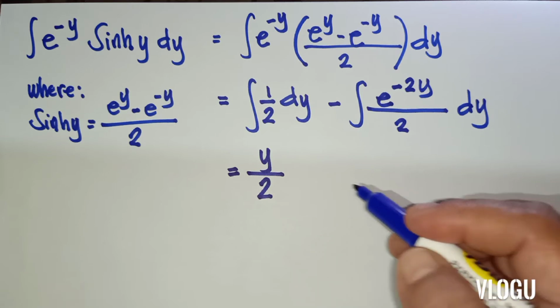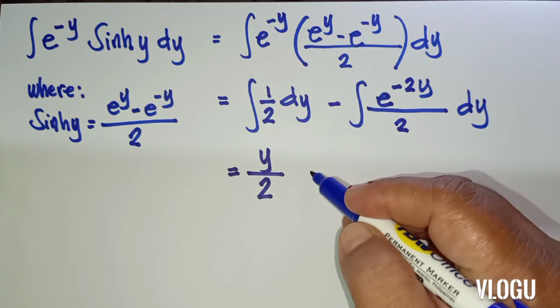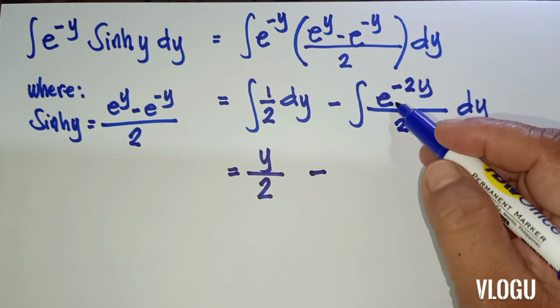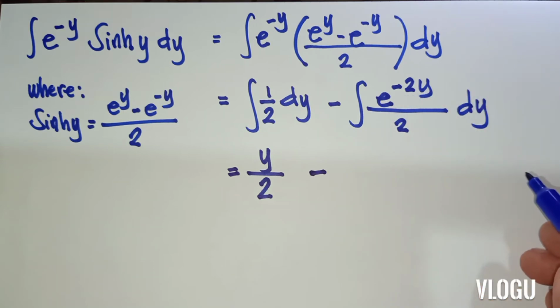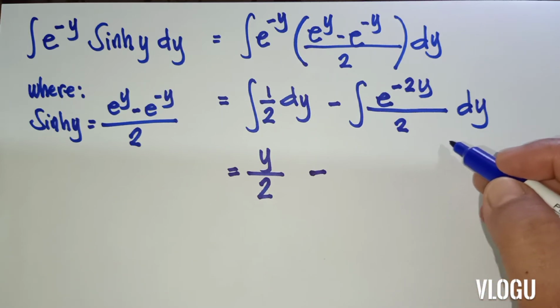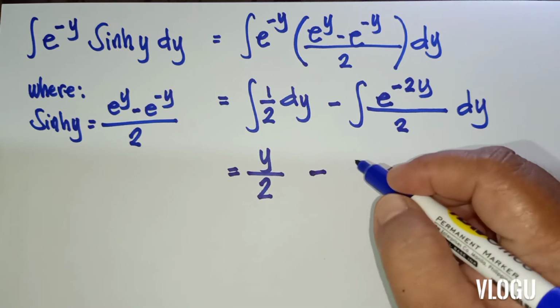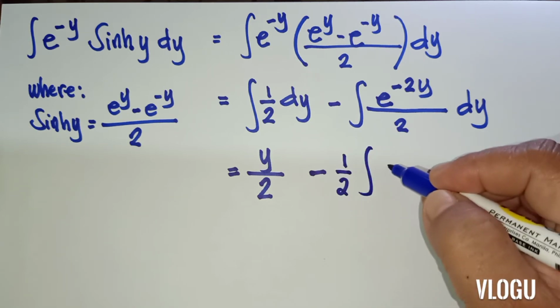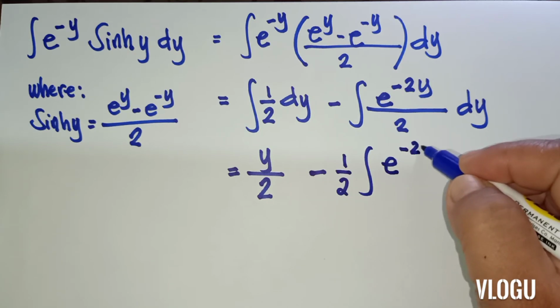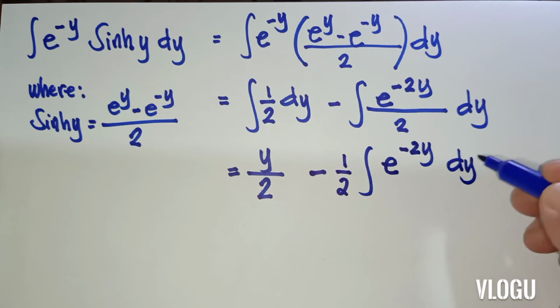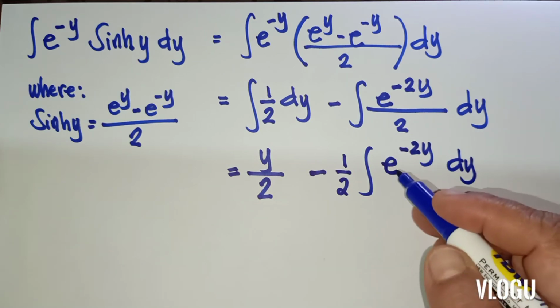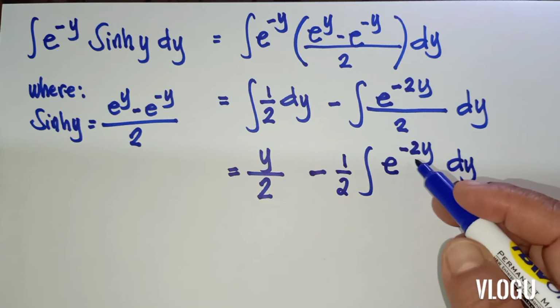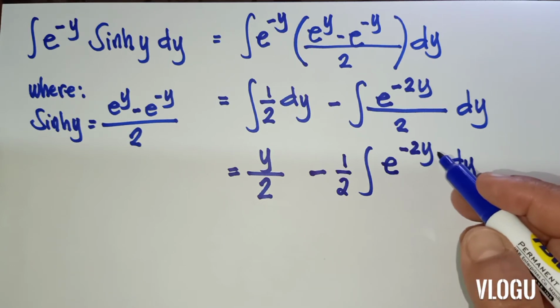But then here, for the integral of e^(-2y), our u, I will write it here. You will have 1/2 the integral of e^(-2y) dy. So e^(-2y), our u here is negative 2y.